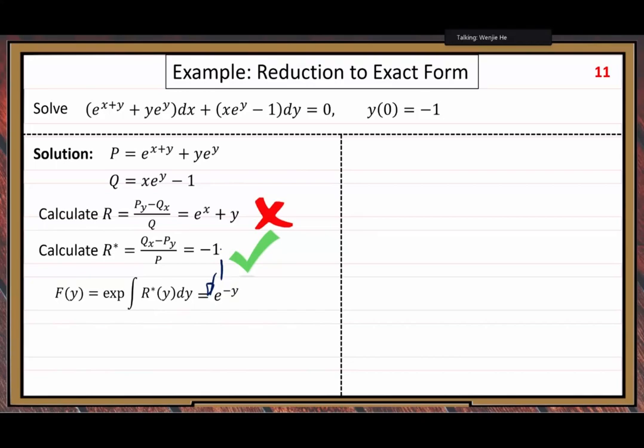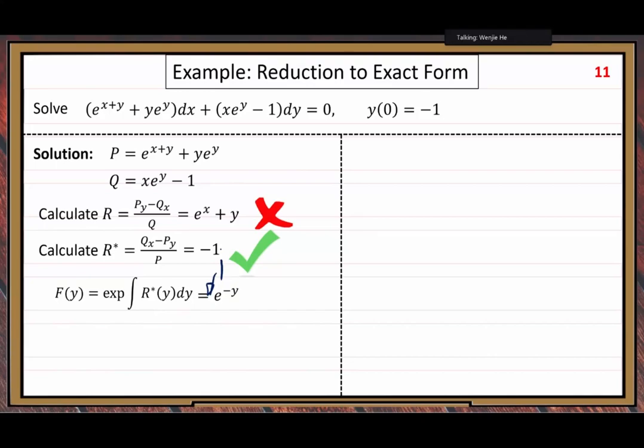Think about the reason we consider adding a constant when we calculate an integral. We want to find a general solution. The reason we include a constant is that we want to find a general solution. Here, we don't want to find a general one; we only want to find one special solution.